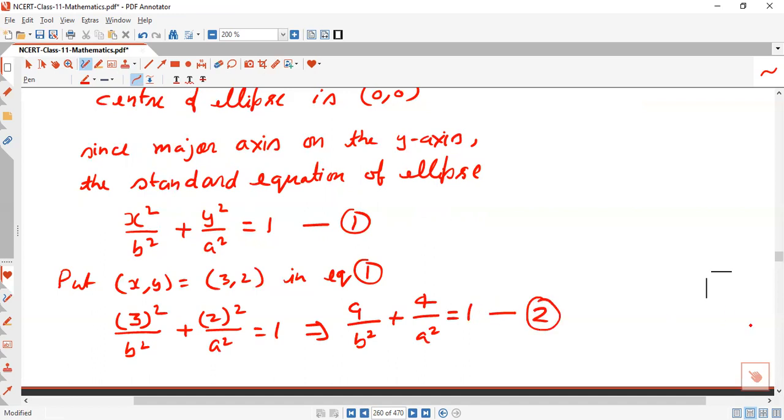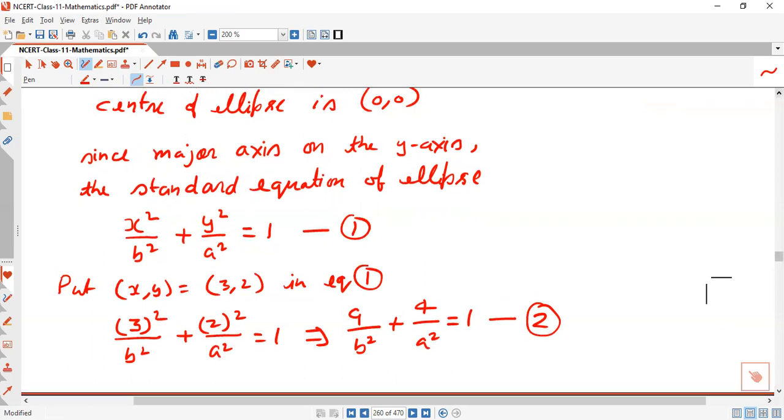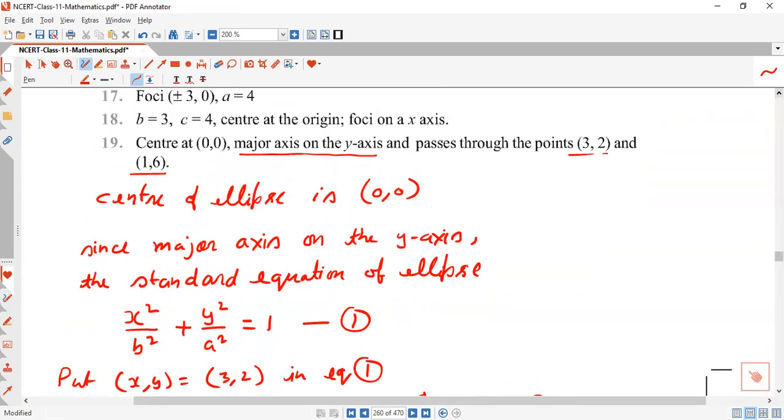Okay. Now, in the same way, we put the other point 1, 6 also. Put x comma y equal to 1, 6 in equation 1.